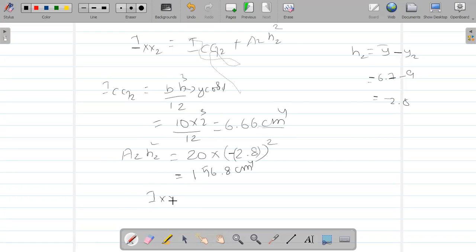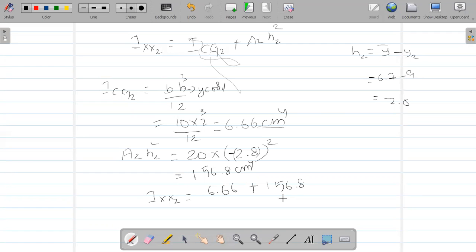Now you have to calculate Ixx2. That is equal to first one is 6.66 plus this is 156. Please cross check this answer. Everyone got the same answer? I feel this answer is getting something wrong. 20 into 2.8 into 2.8.